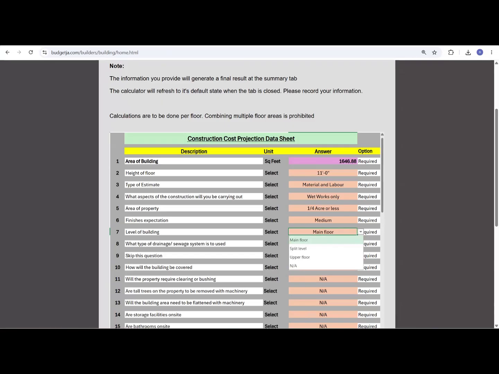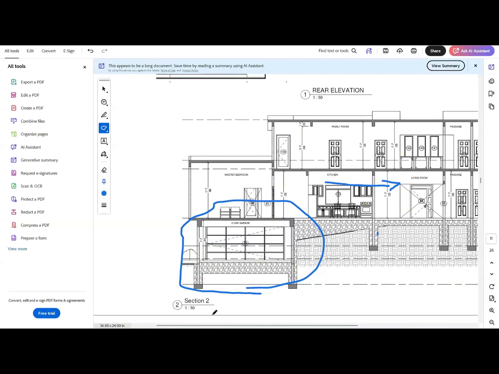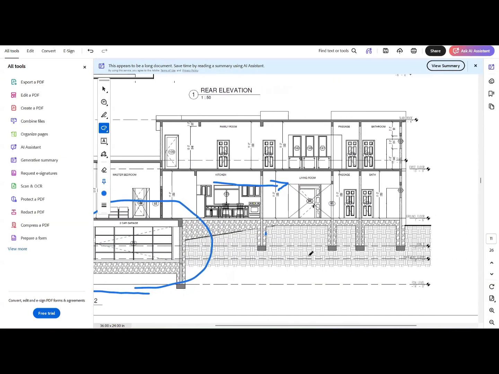The final option, upper, is always going to be when you are dealing with an upstairs, like a first floor, which is completely detached from any split levels and is not supported by the ground, but instead is supported by a suspended slab as seen right here.